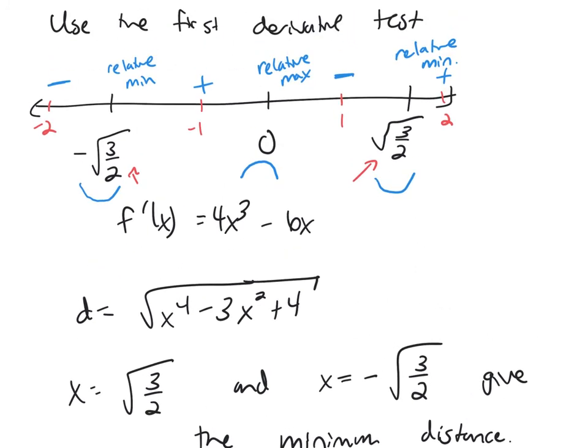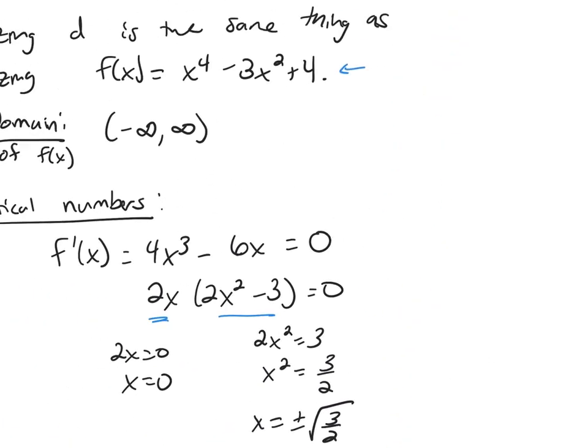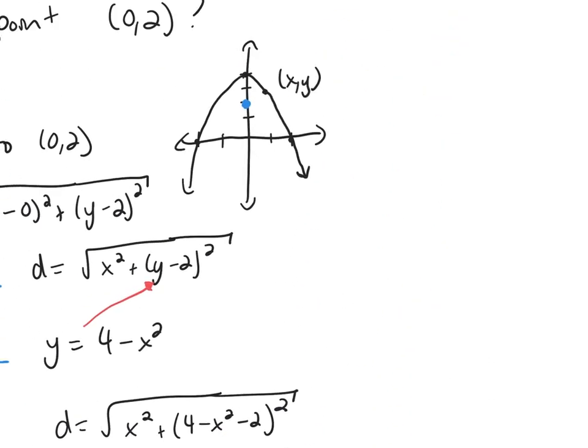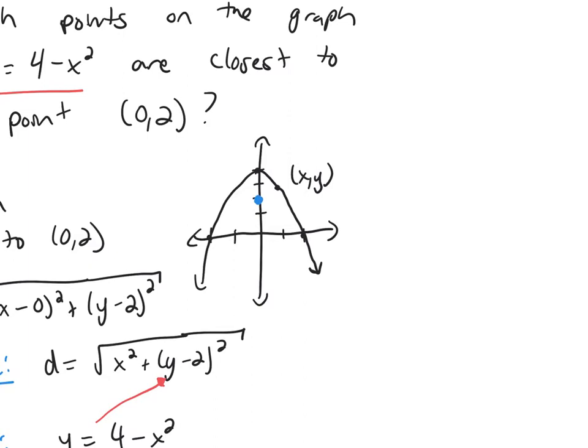So if we look back at our picture here, you'll see that there are actually two places that were closest to this point. One on the left and one on the right.